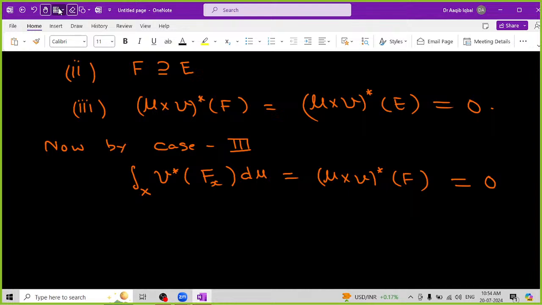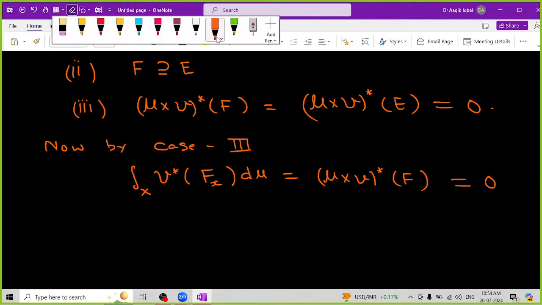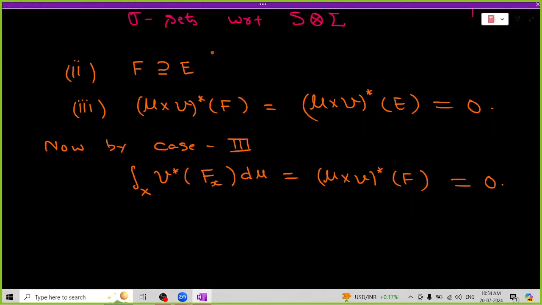That means the integrand must be 0 almost everywhere. So therefore the integrand in the integral, which is nu star of F sub x, must be 0 almost everywhere. Okay?